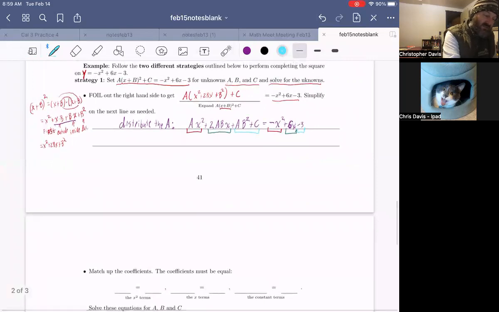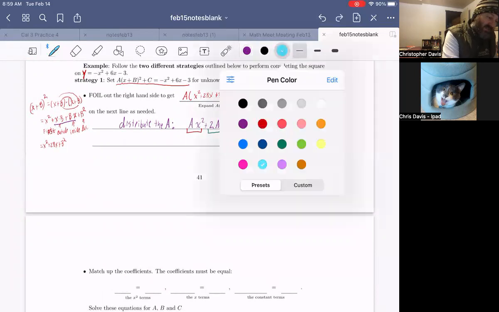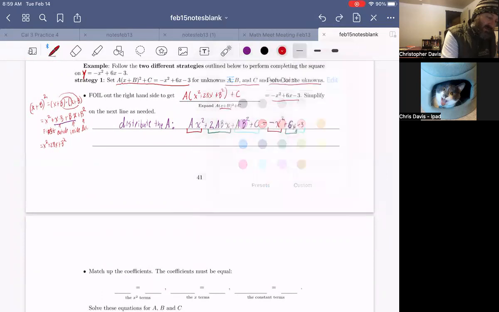So the x squared terms need to be equal. That means a has to be, let's get the color code. A has to be equal to -1. The quadratic term has to be the same as the quadratic term on the other side.